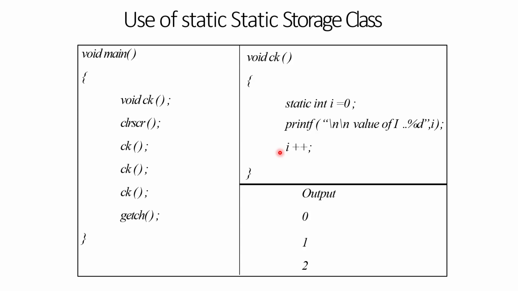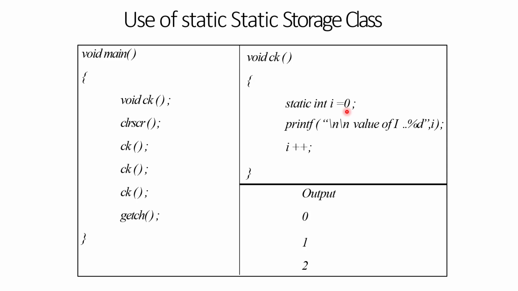But the memory for the variable I will not vanish, because I have declared it as a static variable. So everything will vanish, but the variable will remain. That means when the ck function gets called a second time, this variable I will not be reinitialized like in the previous case.